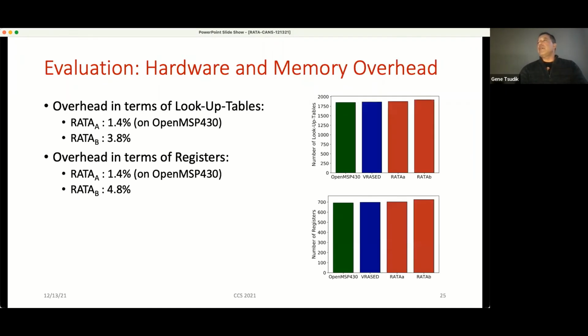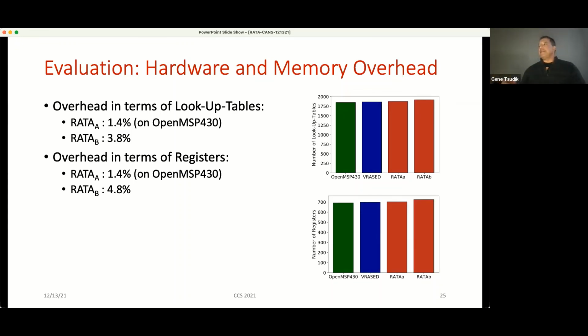Then moving right along, well, we perform some evaluation, of course. With any kind of architecture that requires hardware modifications on the prover side, it's important to measure the amount of overhead. And so typically with hardware modifications, there are two things one looks for: the increase in the number of lookup tables and the number of extra registers.